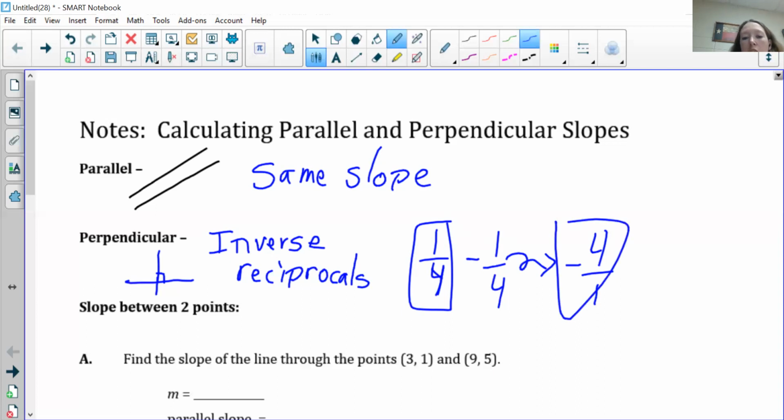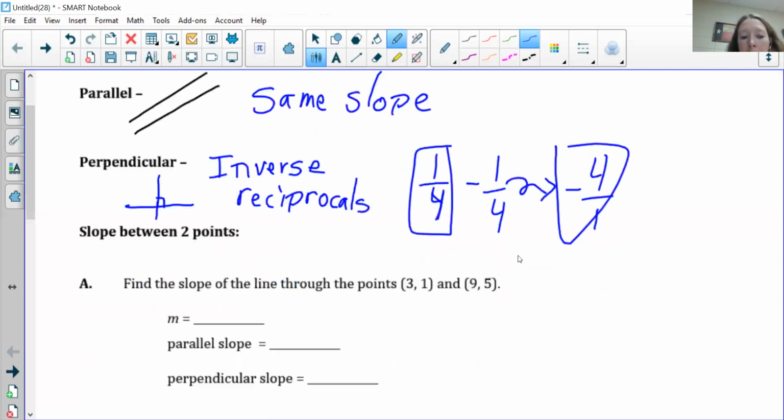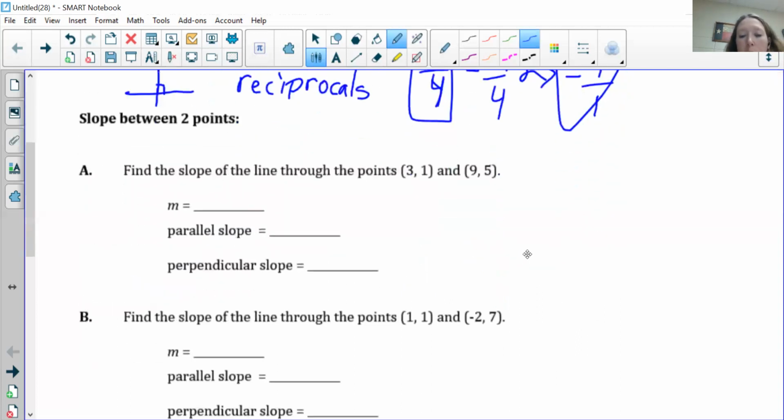All right, let's put this into practice. Find the slope of the line through points (3, 1) and (9, 5). To do this, we use our slope formula, which is the change in y over the change in x. So y2 minus y1 over x2 minus x1.